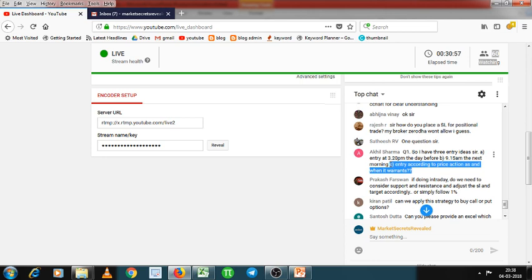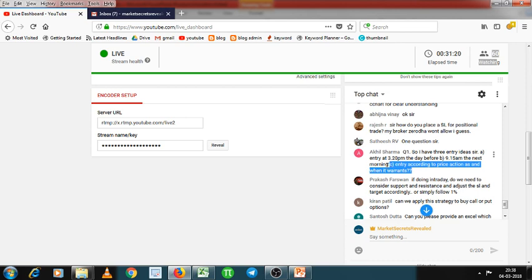That could be the right entry. So you wait for a bit of retracement from the close, a bit of drop from the base. If the stock is closed around 100, wait for a bit of drop. You can enter at around 99.5 or 99.6 levels.